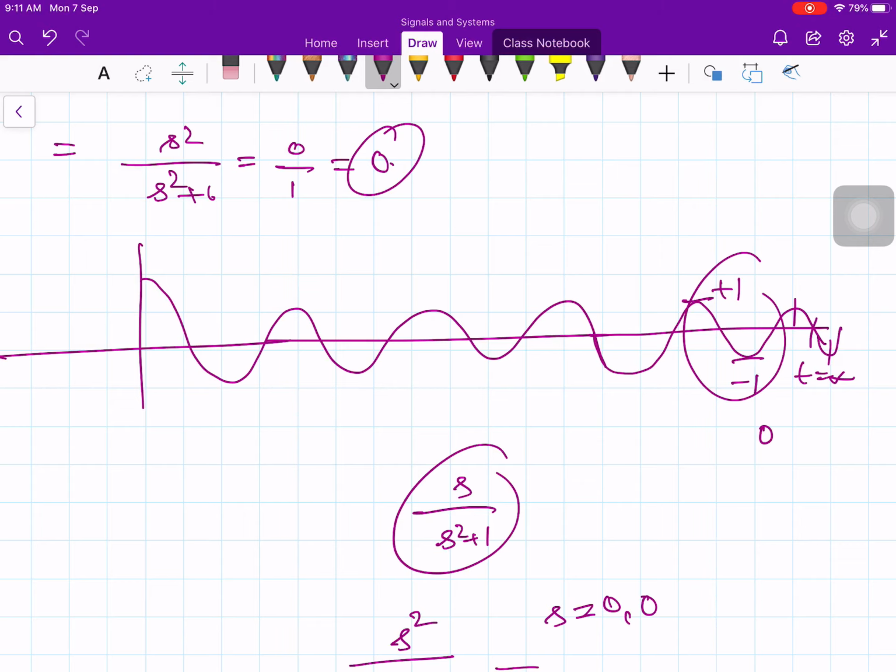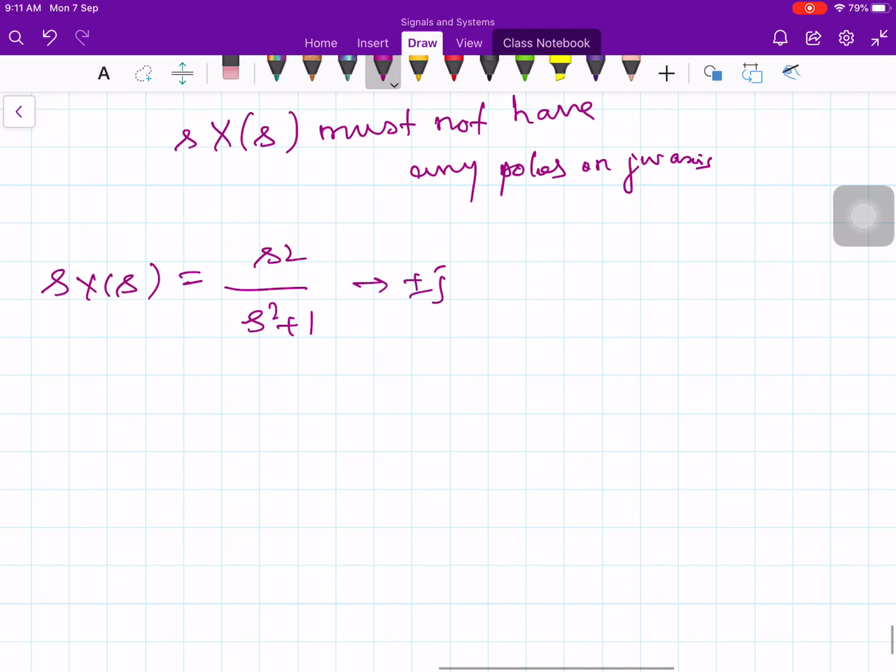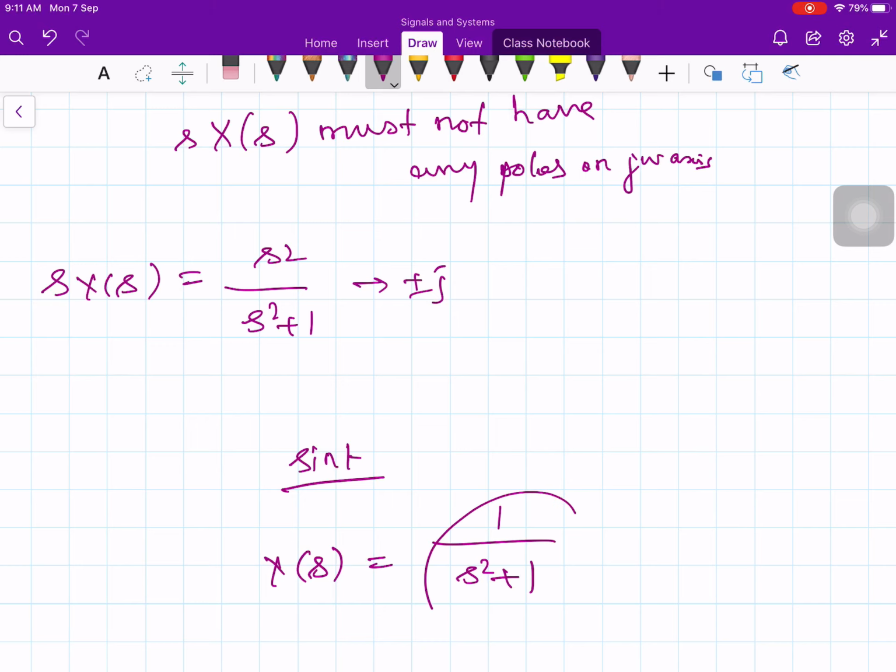By the same reason you can say for sin t also. Suppose x of s is equal to 1 divided by s square plus 1, then this is sin t. For this also you cannot apply the final value theorem, FVT.